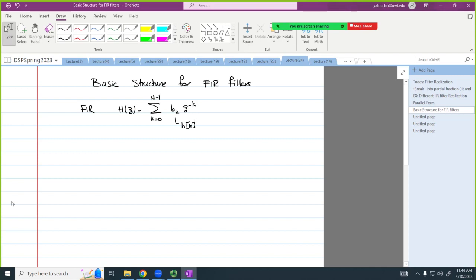And this assumes that h of k is equal to b_k when k is between 0 and N minus 1, and 0 elsewhere.